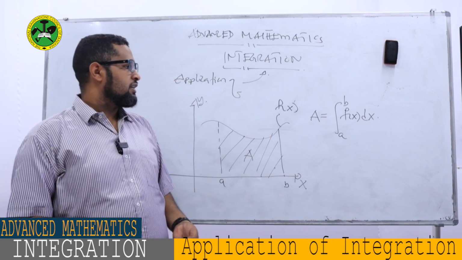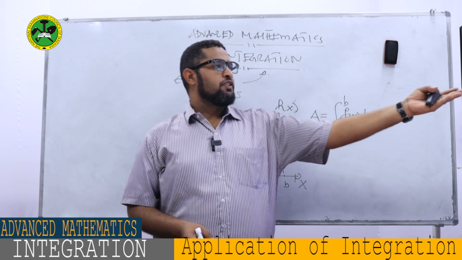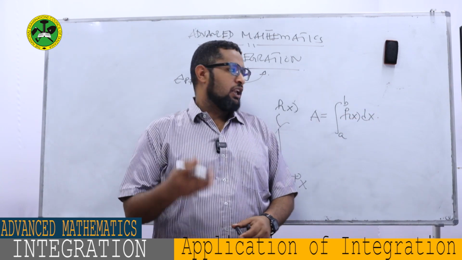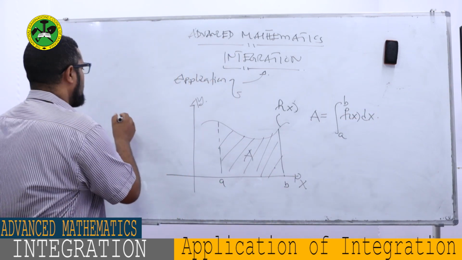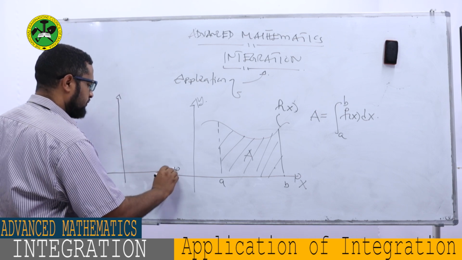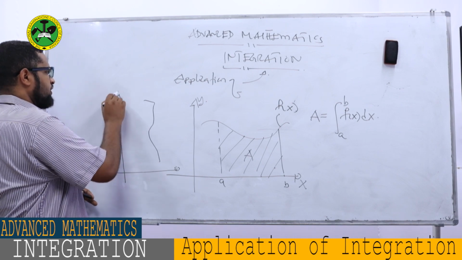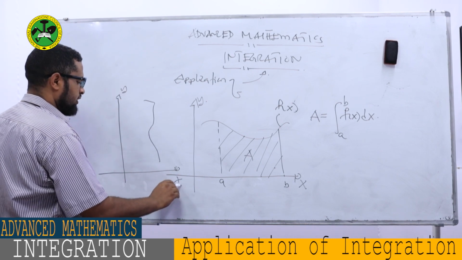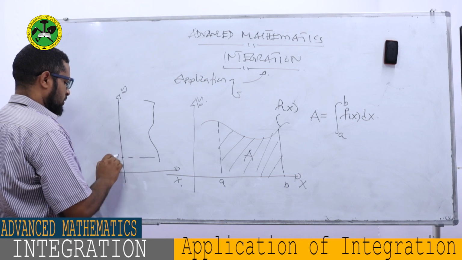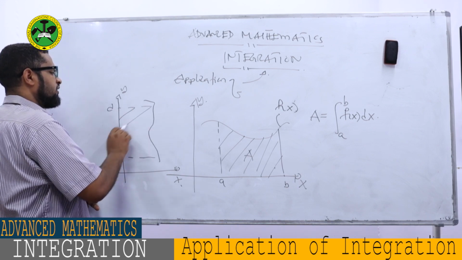But in the second case, if it is with the vertical axis, you will see the curve will change. Let's assume this is our curve. This is y and this is x. Let's say you are finding the area from C up to D. This is the area.